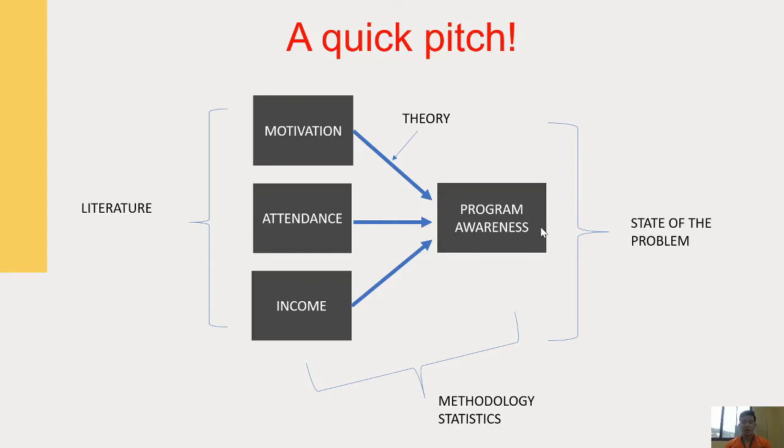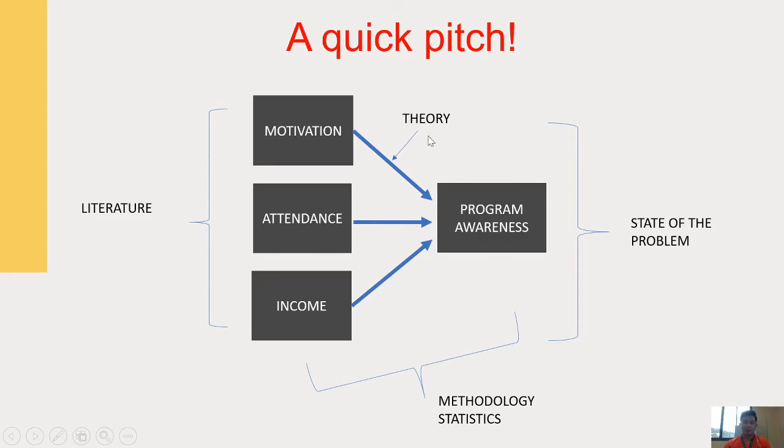So let's take a quick peek at this research scenario. Motivation, attendance, income, and program awareness are the variables. This has been established because of literature and theories that were read by the researcher.